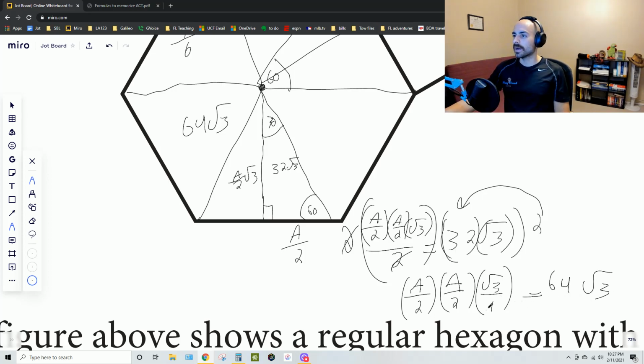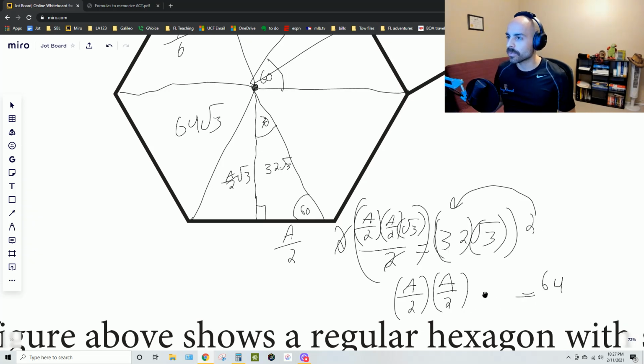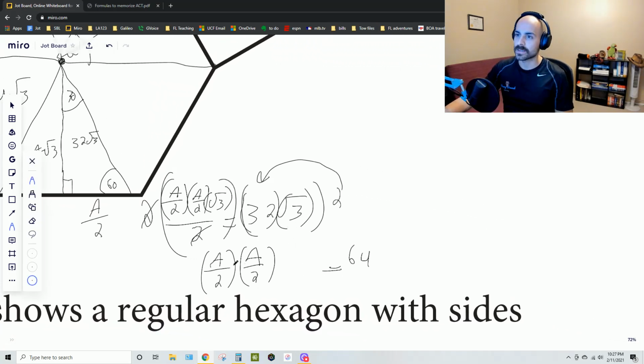Well, this is root 3 over 1, which is just root 3, and that tells us that these cancel out. And then we can simplify the left side, where we just multiply our numerators. So we end up with A squared over 4, our denominators, equals 64.